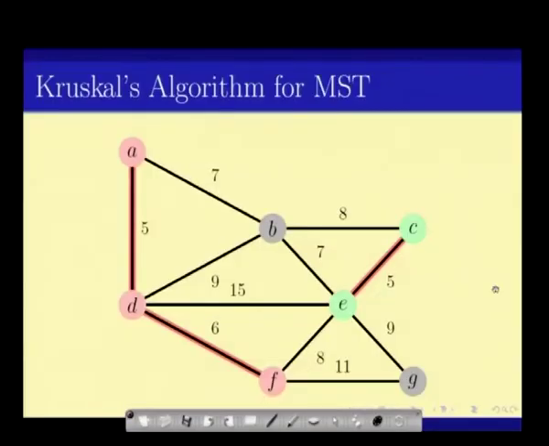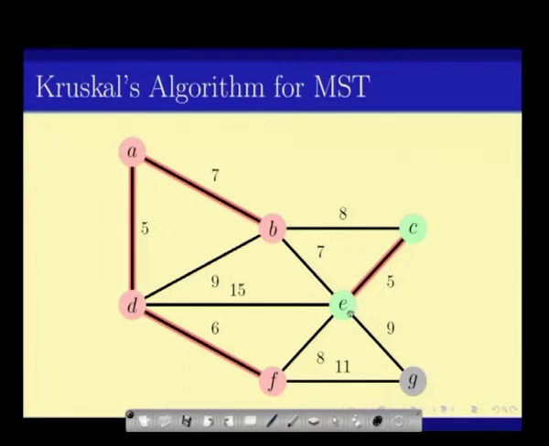So, if I pick an edge such that neither of its two endpoints is colored, then I color them with a new, different color. If one of the endpoints is colored, I will color the other with that color. Let us take the next one. The next one is say AB, and I pick AB, and again I color B with the color of A. Now, what is the next one? The next one is BE. Note again that this edge is touching one red vertex and one green vertex.